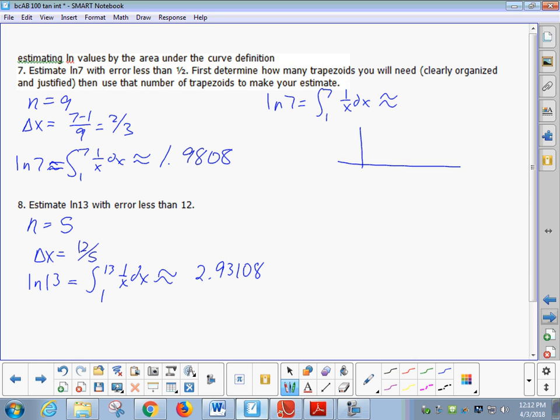If you look at the region from 1 to 7, and you break it into 9 trapezoids, that's a total region of 6 divided into 9 trapezoids, so each change is 2/3 wide. So the first one would be something like 3/3, then 5/3, 7/3, 9/3, 11/3, and you continue on until you get to 21/3. You may use a calculator.